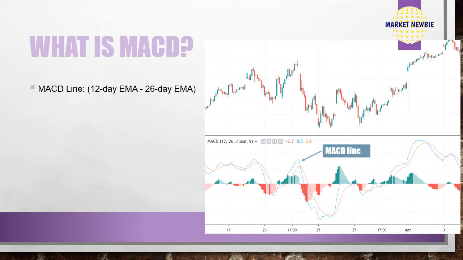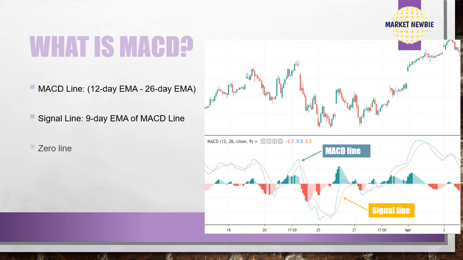The MACD is calculated by subtracting the 26-period exponential moving average, EMA, from the 12-period exponential moving average. The result of that calculation is the MACD line, the blue line in the figure. A 9-period EMA of the MACD is called the signal line, represented as the orange line in the figure.